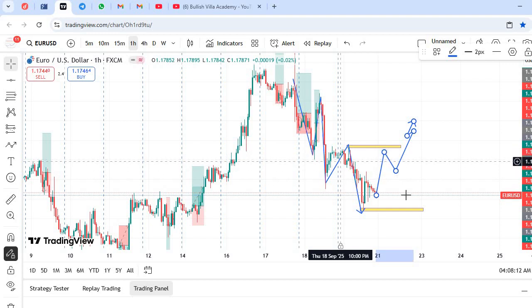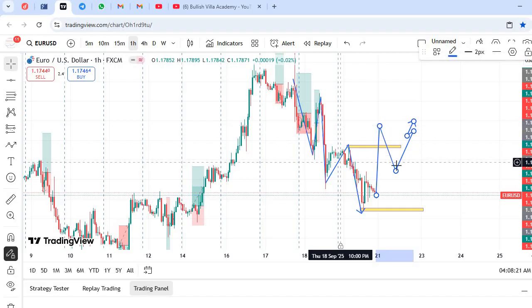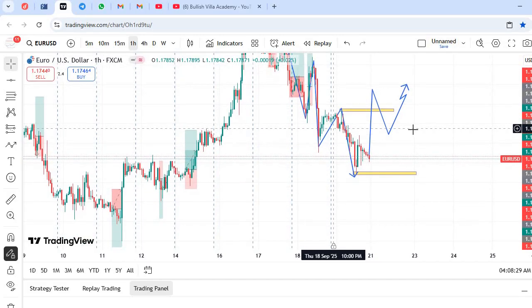That means I will still be anticipating a sell. So if it takes out this high and it gets here, and we have a reversal that is almost getting to 50% discount there, and it's now giving us a bullish intent, then I might want to take a buy. Understand?